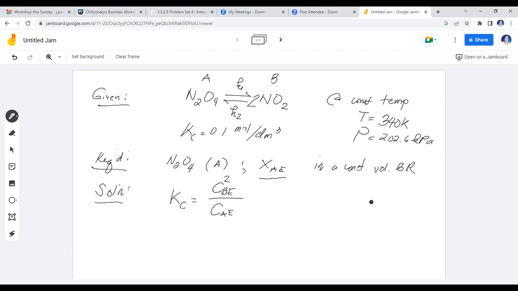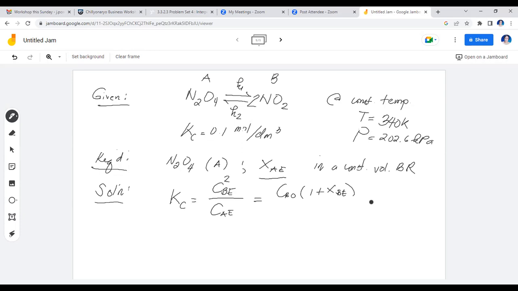If you have several products here, you should do multiplication in terms of their concentrations at equilibrium. If you have several reactants, you do the same. Now we can rewrite this particular C sub BE as C sub BO. Now, B is a product, so you will have to write it as 1 plus XBE. You use plus because it's a product, and this is its equilibrium conversion.